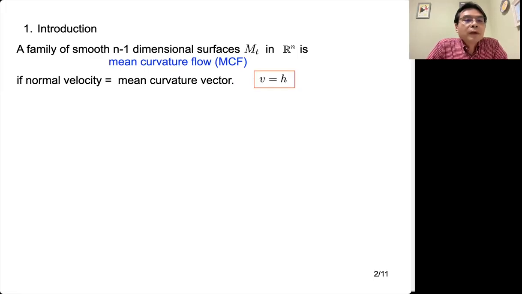Now, the normal velocity of this surface motion is equal to the mean curvature vector of the surface itself. Let me write the normal velocity as v, a vector, and h is the mean curvature vector of the moving surface. This is a parabolic problem, as many of you probably know.